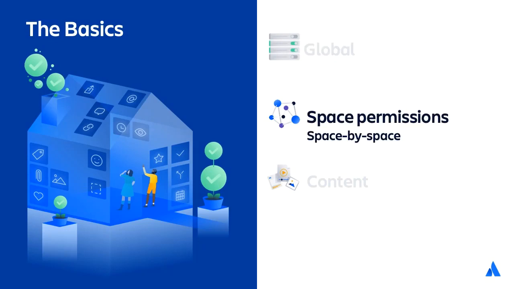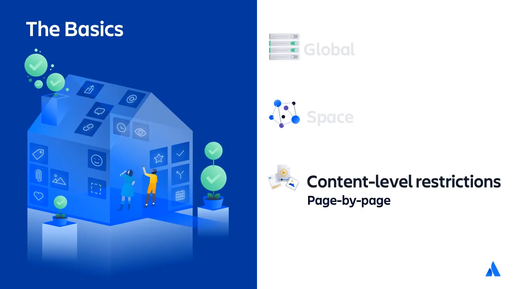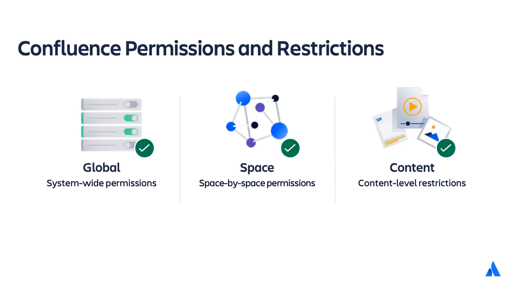Space-level permissions are managed on a space-by-space basis. They grant space access to users, individuals, and anonymous users, and control what they can do within the space. At the content level, the visibility and editability of pages and blog posts can be restricted to specific users and groups. So let's look at each of these areas in more detail.